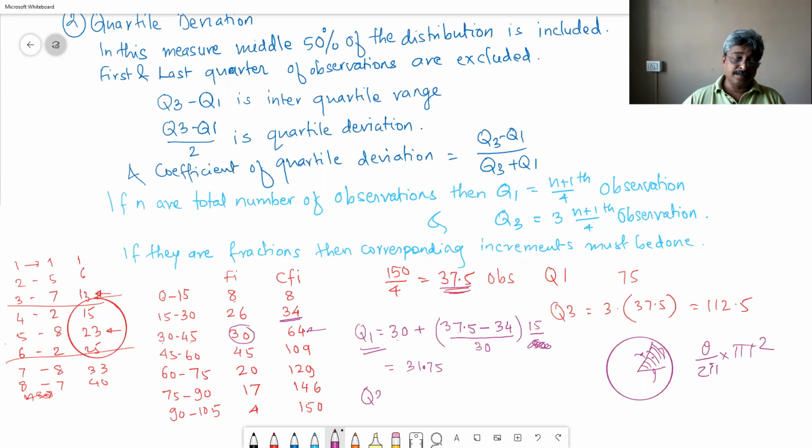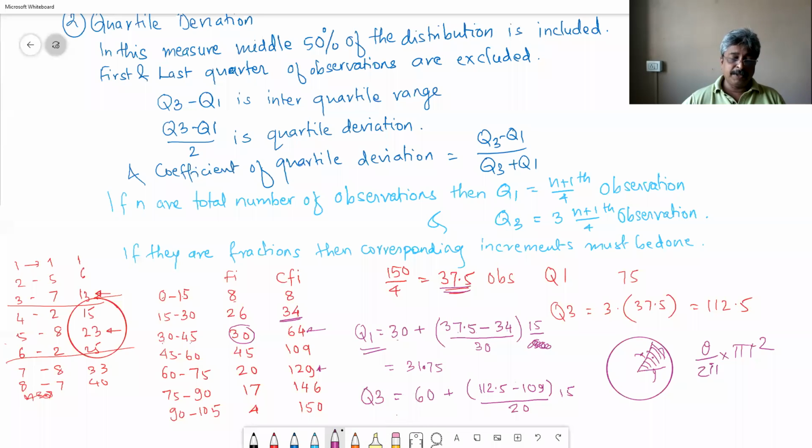Similarly, how will I find Q3? Q3 is the 112.5th observation, which is in this zone. Therefore, it will be 60 plus 112.5 minus 109, divided by the total frequency, which is 20, and the range, the difference, is 50.